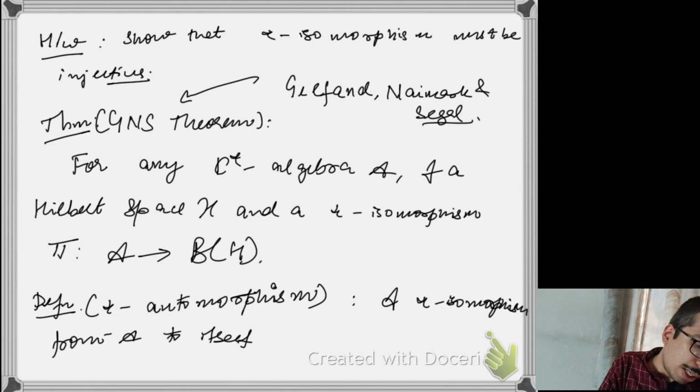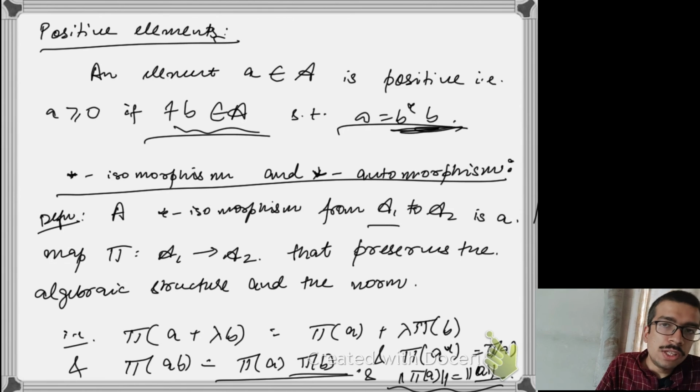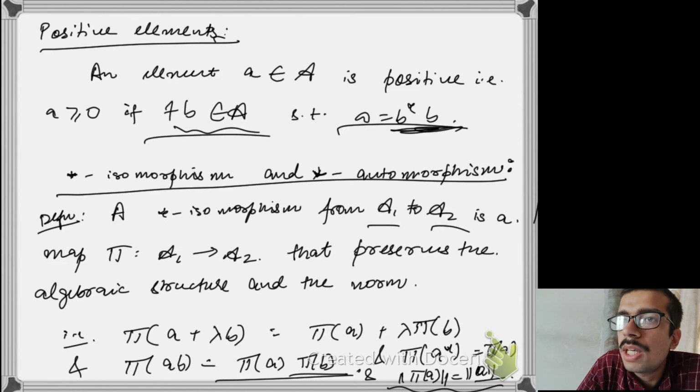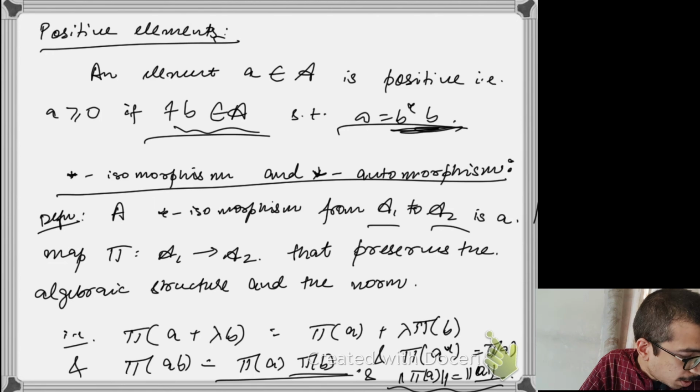So when we say we have an isomorphism, I said that from A1 to A2 I can have an isomorphism, but if A1 and A2 are the same, then it becomes a star automorphism. Now one common example of the star automorphism is a conjugation map.